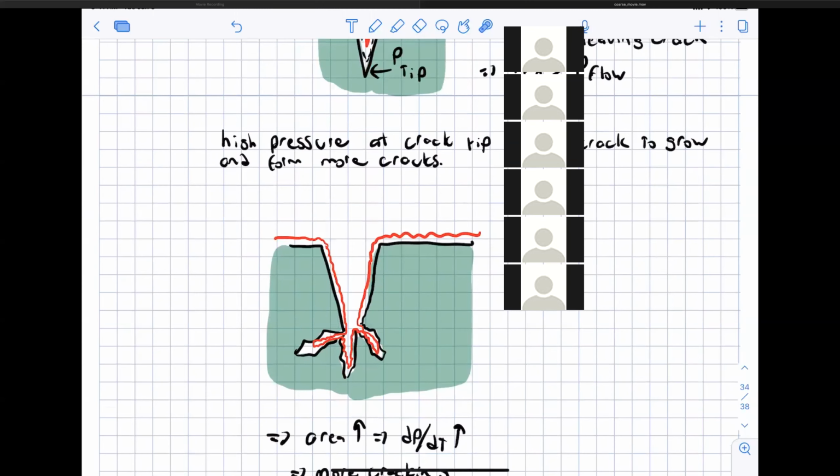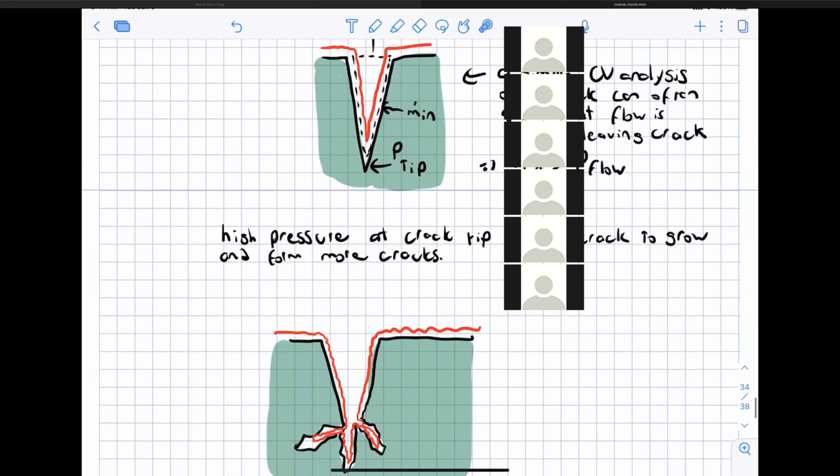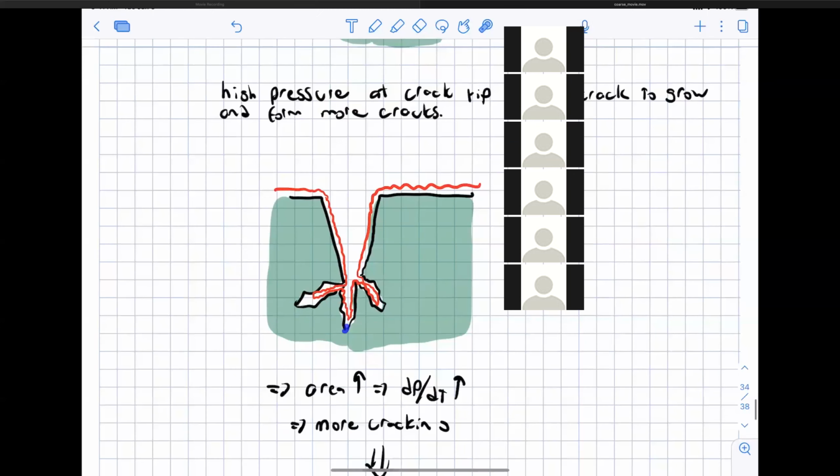So in other words, if the crack reaches a significant length to where it starts to grow, it will self-pressurize due to this choking effect, and the cracks will grow.